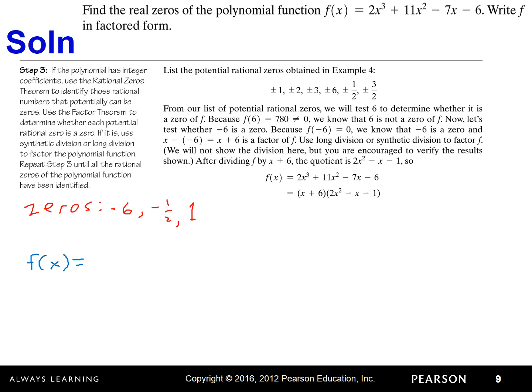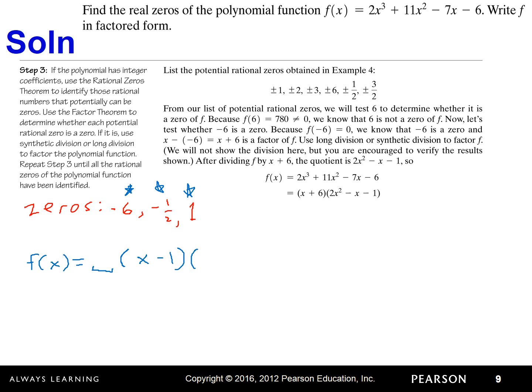We'll be alive to the fact that there could be a numerical coefficient, but we're going to take all three of these numbers and subtract them from x, and those will be factors by the factor theorem. If 1 is a 0, x minus 1 is a factor.